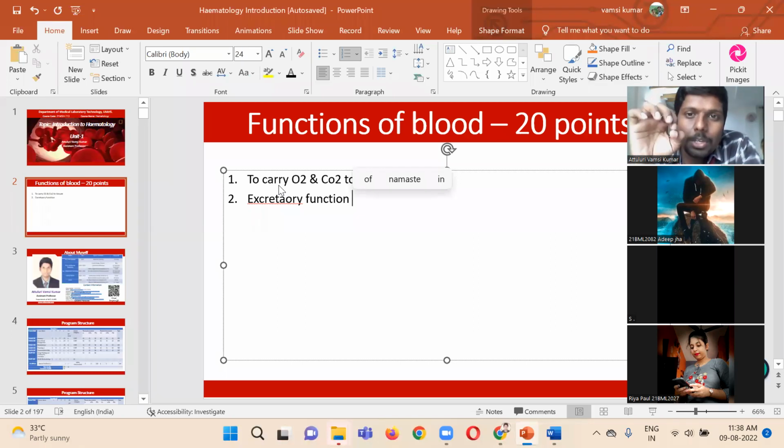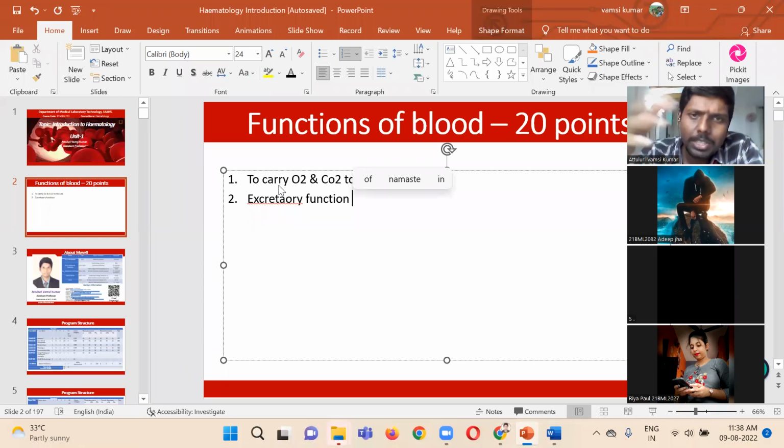So compared to all other body fluids, blood is the golden fluid for lab diagnosis. Whatever abnormalities are in the body can be easily detected in the blood. Blood is an excellent marker for detection of any body abnormality, any cell abnormality.